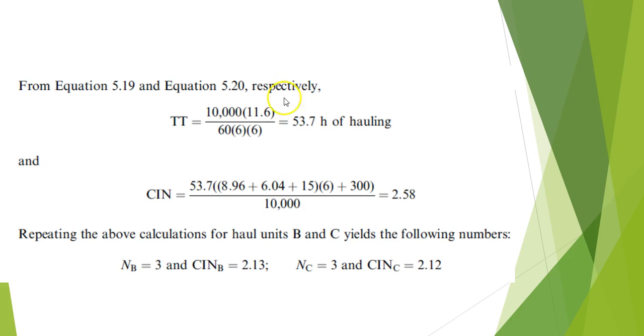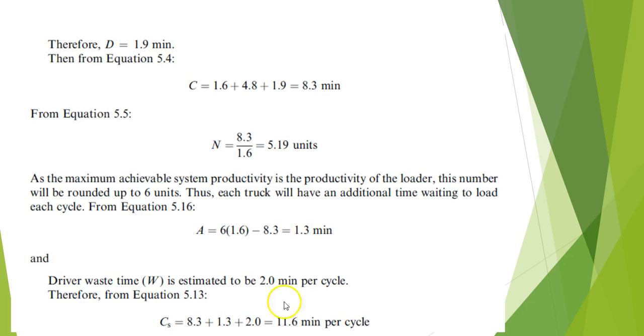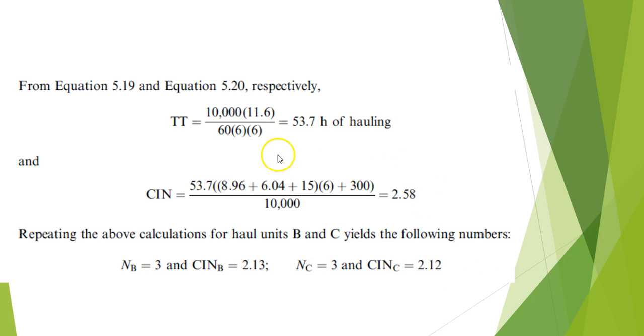And then what we're able to do, it's 11.6 minutes, I'm sorry, 11.6 minutes. So then what we're able to do is determine how many hours of hauling we'll need to move that 10,000 cubic yards: 53 hours of hauling. Okay.